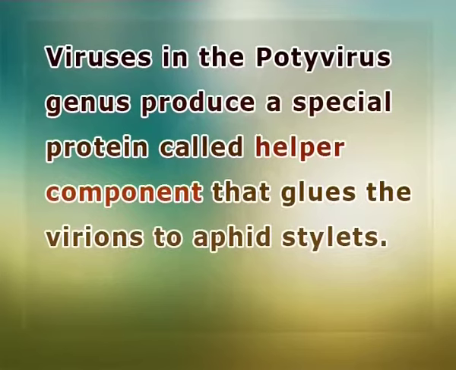Viruses in the potyvirus genus produce a special protein called the helper component that glues the virions to the aphid stylets. In this case, acquisition of the virus from infected plants and inoculation of virus to the healthy plants takes from seconds to minutes.